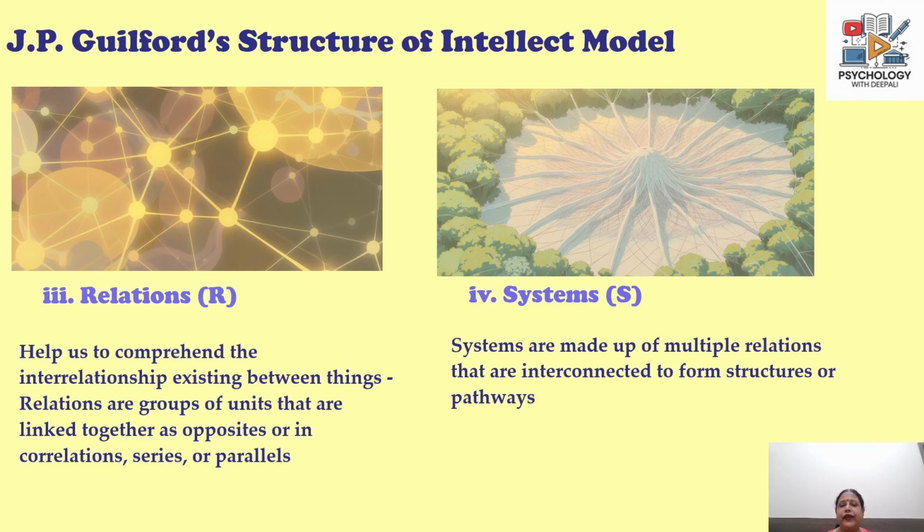So when we have these grammatical rules, it is made up of many different interrelations among many different groups and classes and many different units. And therefore, it is a complete grammatical system. So systems, therefore, are the interconnected relations, which are multiple relations, which are then forming a formal structure or pathway.